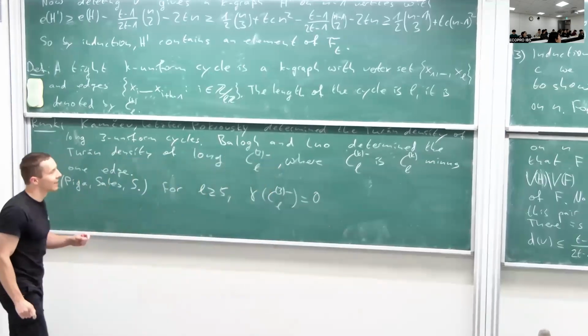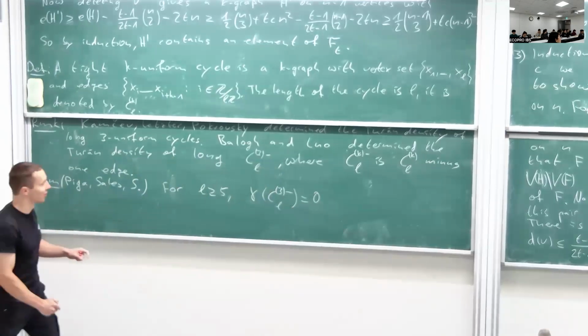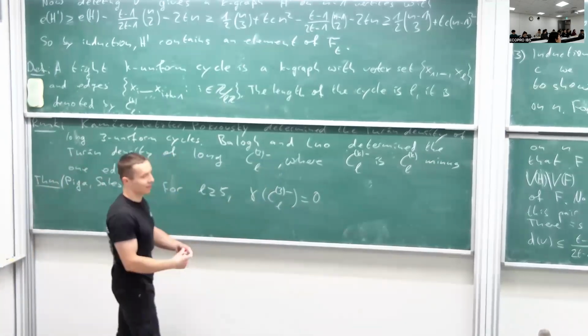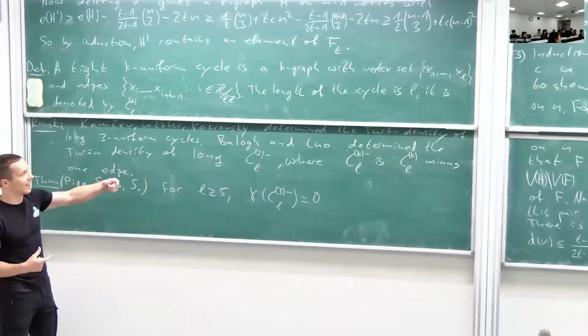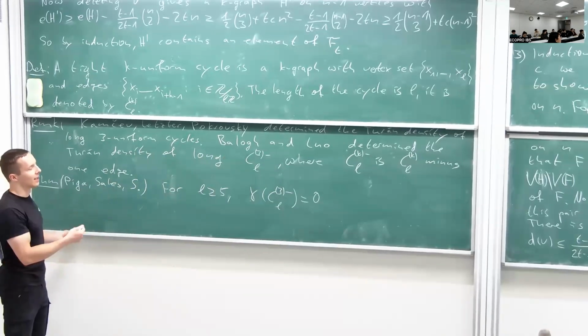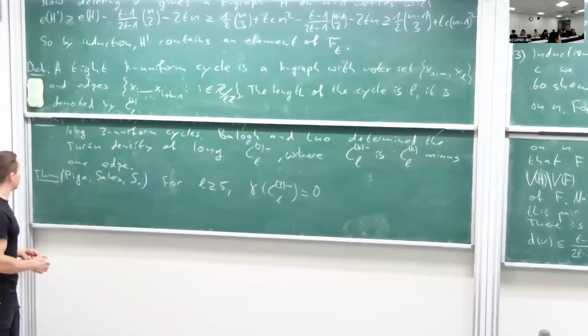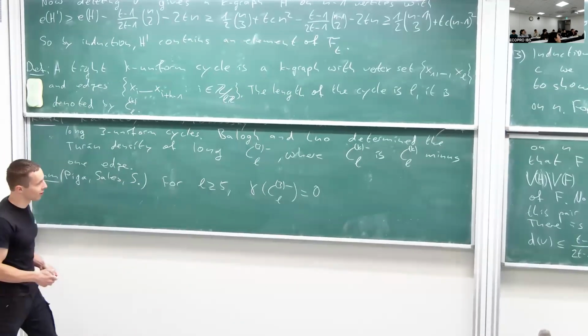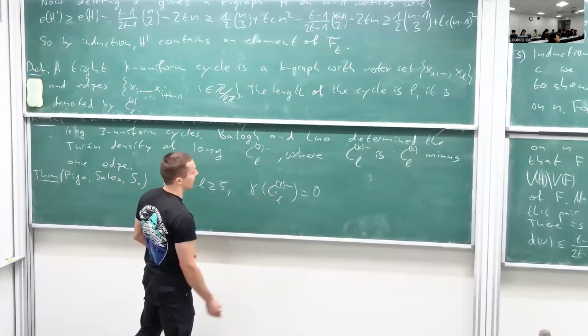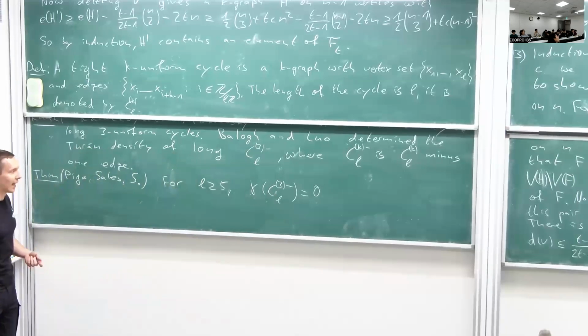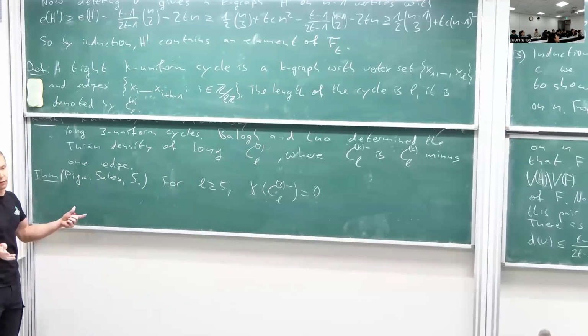So again, of course, for the length divisible by 3, this is just a subset of the other cycle, which we can get by blowing up an edge. So for that, it's not interesting. Actually, the only really interesting case is L equals 5, because after that it follows from blowing up.